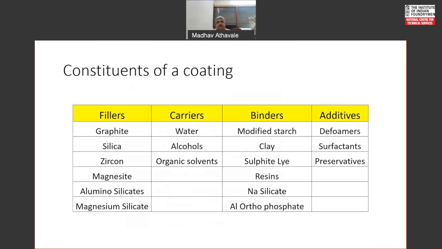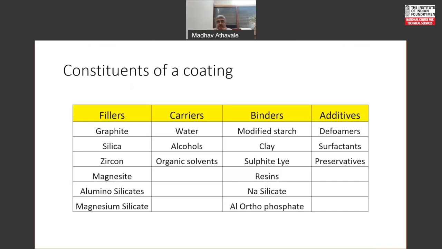In carriers, most common and most preferred because of environmental reasons is water, different types of alcohols, or in some special cases, there could be some other organic solvents. Binders can be modified starches, clay, sulfite lye, resins, both natural and synthetic. In some cases, sodium silicate, especially in die coatings, which we are not covering right now.